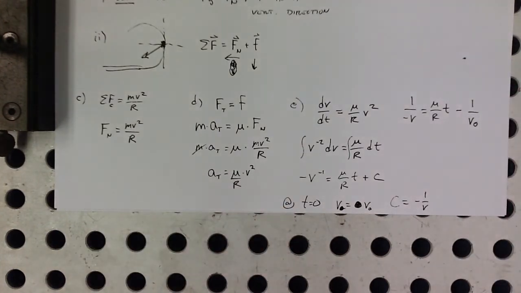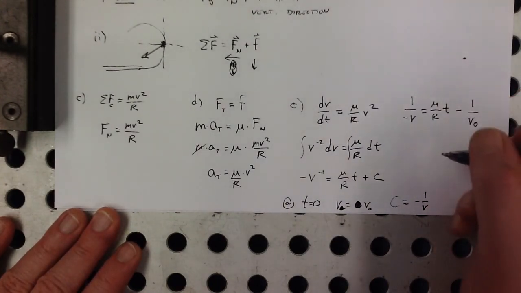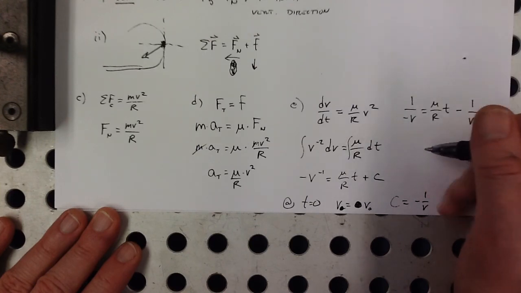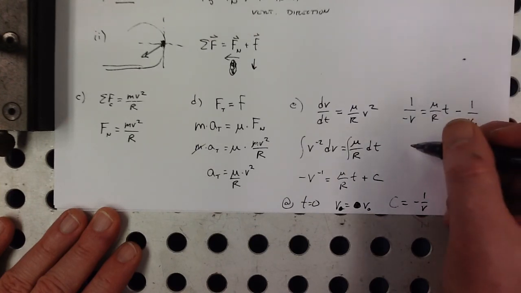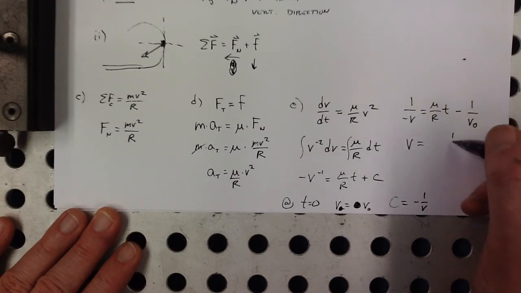So moving up to here, I've got that. I think that's right. Like I might be missing a negative now. I don't think so. I believe that is good. And then, multiplying through by negative 1, that would flip this, and it would give me 1 over v.